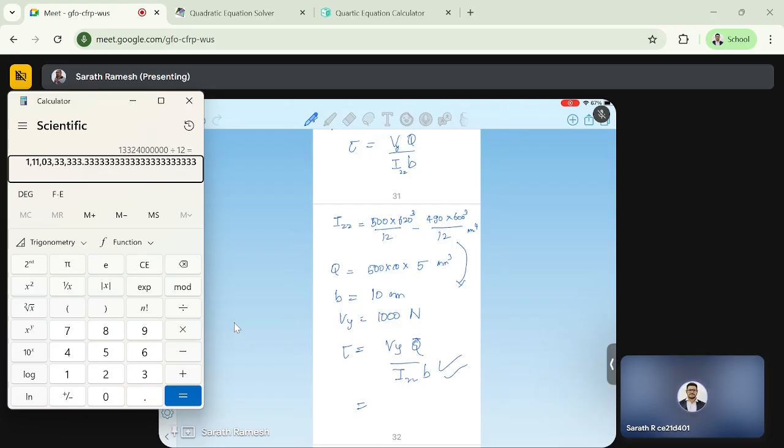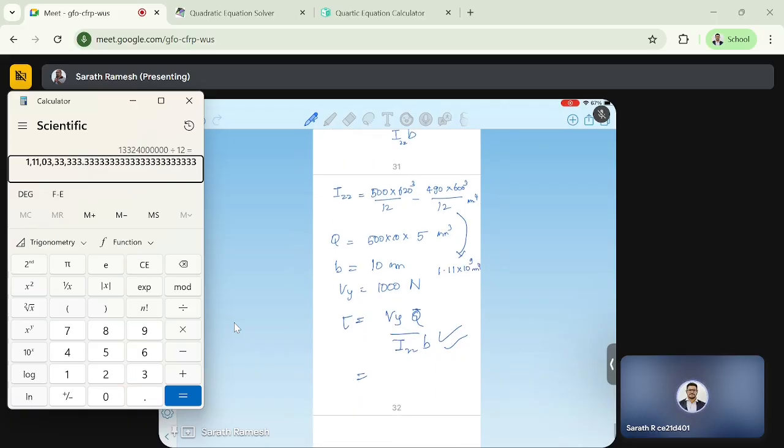I became 1.11 into 10 power 9, mm power 4. So this into B is 10, reciprocal of it, times 1000 times 25,000.